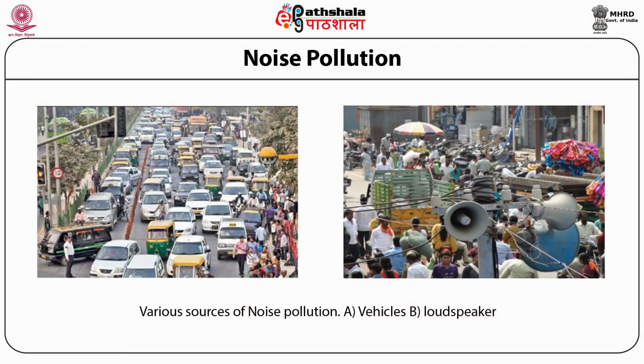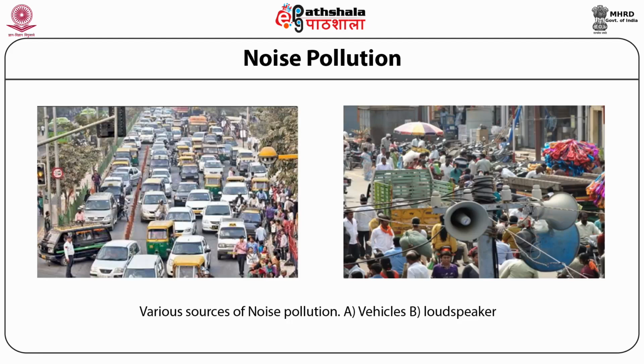The human ear is sensitive to sound of frequency in the range of 20 to 20,000 Hz. Loudness is measured in decibel scale. It is not linear but a logarithmic scale. For example, a change from 40 decibel to 80 decibel represents a 10,000-fold increase in the loudness.